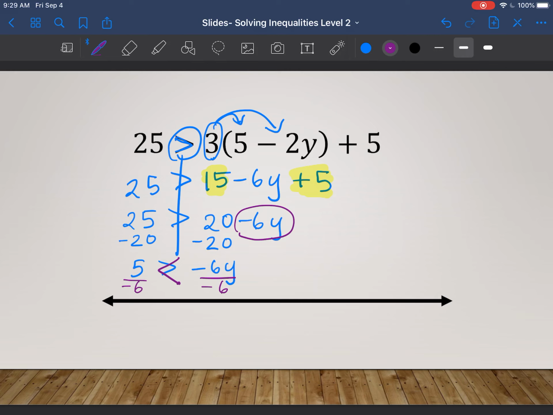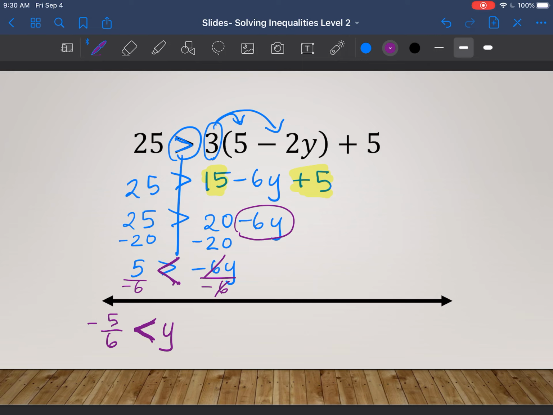Anytime you multiply or divide by a negative, it flips your inequality. So now my solution has a y, and then a negative 5/6 over here. Notice the flipped inequality.